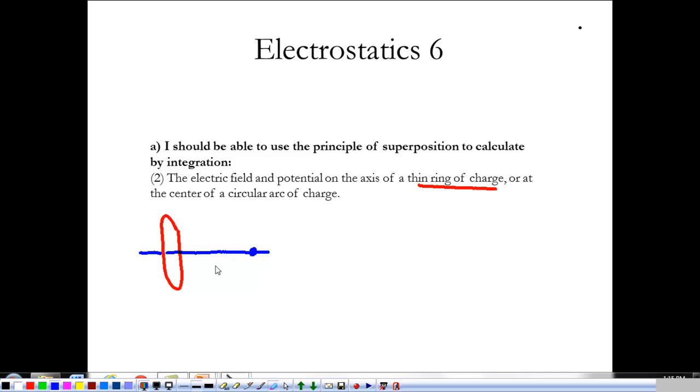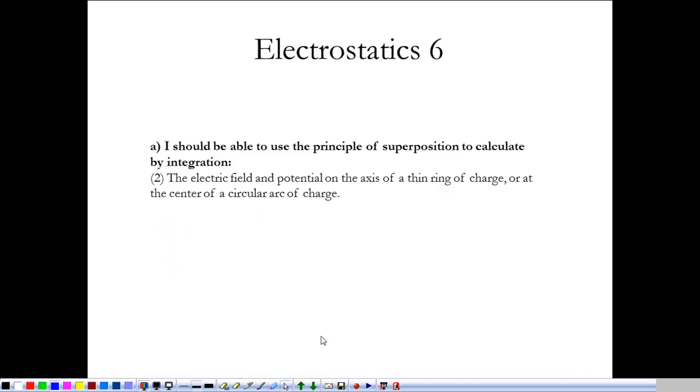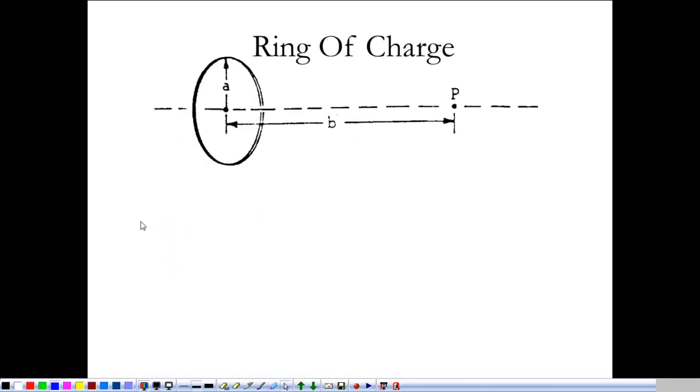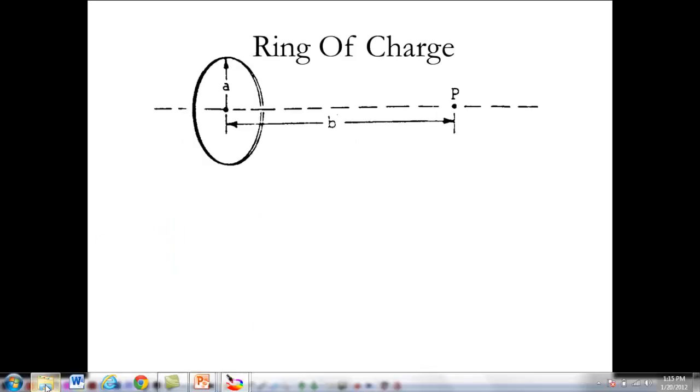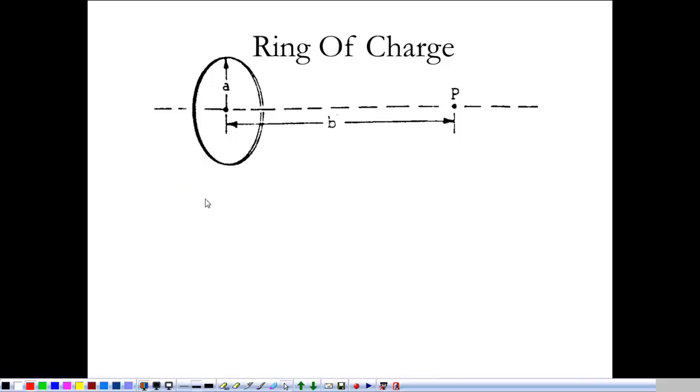So, same idea we've been doing. Let's take our ring of charge and start looking at how we're going to get the electric field from it.